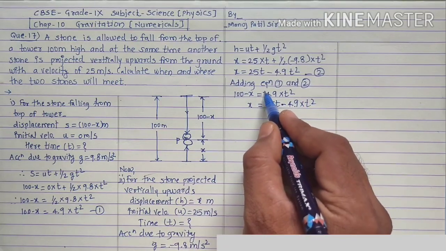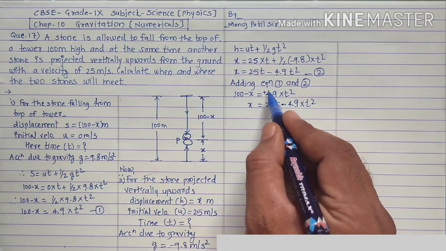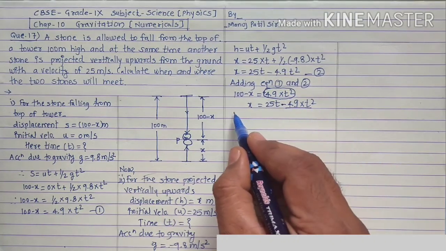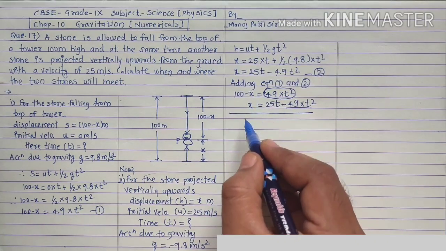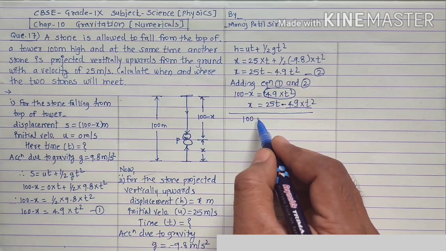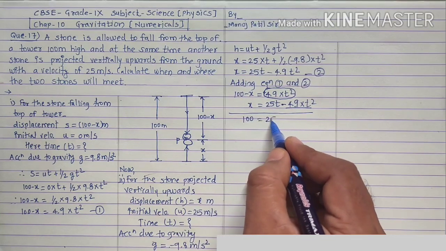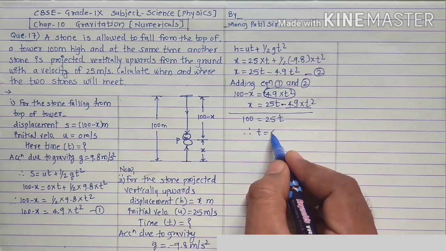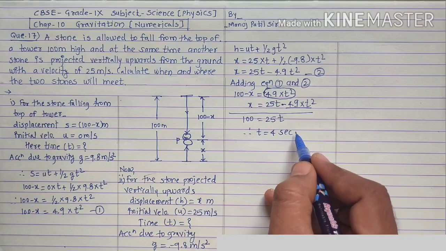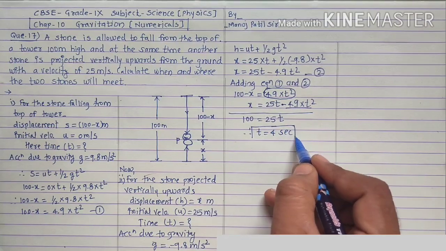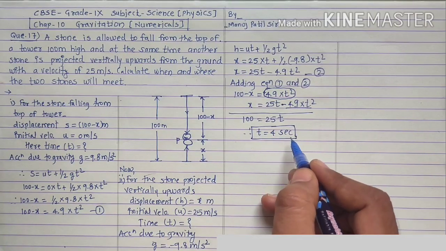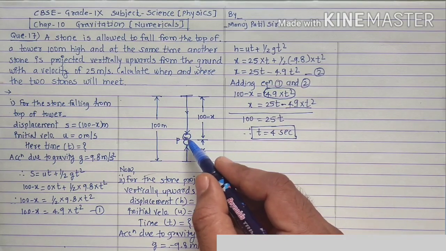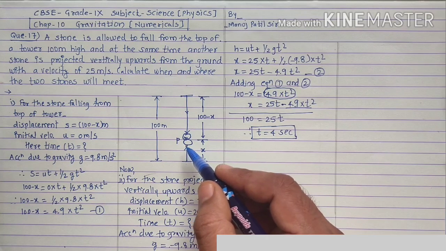So this is plus and this is minus, so this will get cancelled. If you add, plus minus will get cancelled, and x also will get cancelled. So 100 is equal to 25t, and therefore t is equal to 4 seconds. So we got this time duration, that is 4 seconds. It means that after 4 seconds these both stones will collide with each other.